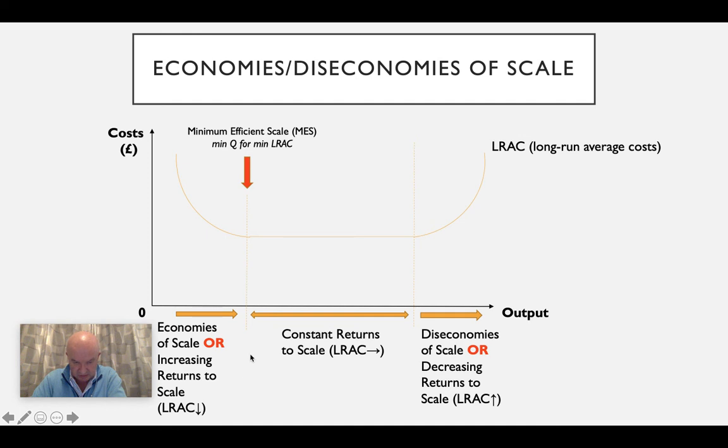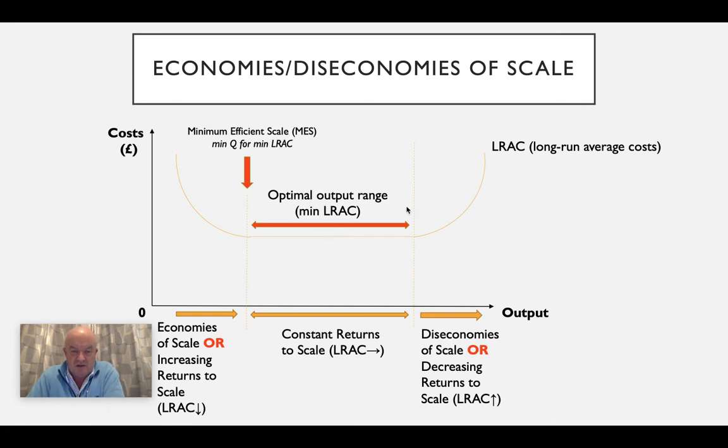In this case, it isn't given as a quantity, but the minimum efficient scale, where we've got the minimum long run average cost, is shown here by the point at which our U shape has stopped, and we've got the start of this horizontal line where we're starting to get constant returns to scale.